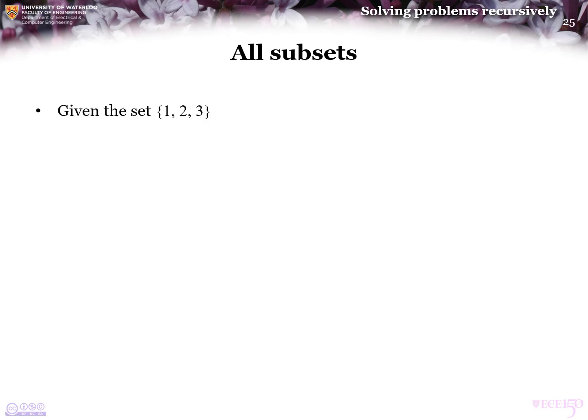Now, for our next example, we need a little bit of a setup. Consider the numbers 1, 2, and 3. Now, if I was to choose 1 from these 3, or 2 from these 3, or all 3 from these 3, or none from these 3, I get all possible subsets.